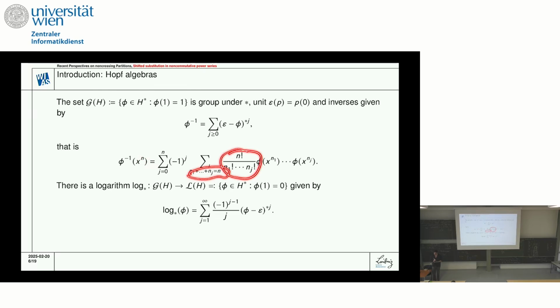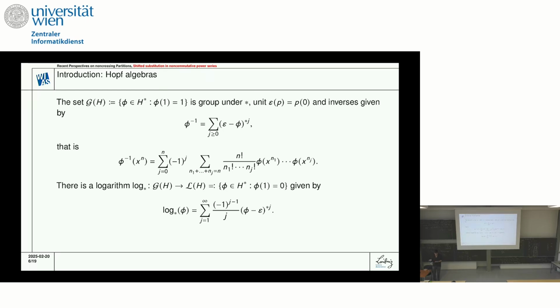I get this multinomial coefficient from the same formula as before, and I get this minus 1 to the j from this minus sign. And maybe you will recognize that this is the formula just for the multiplicative inverse of a power series. But somehow we reproduce it now using this, again, linear structure.